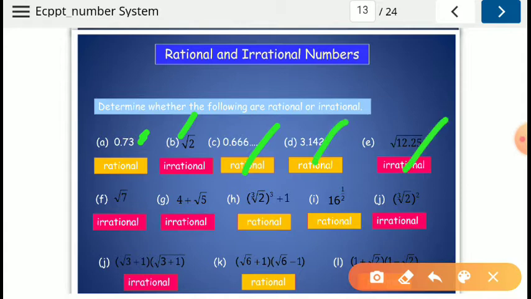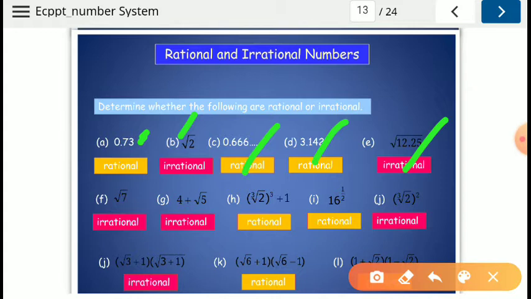Under the root, if you have a perfect square, it is a rational number. These are not perfect squares. 12.25 is also a perfect square, you can verify it. It can be written as 3.5 whole squared.